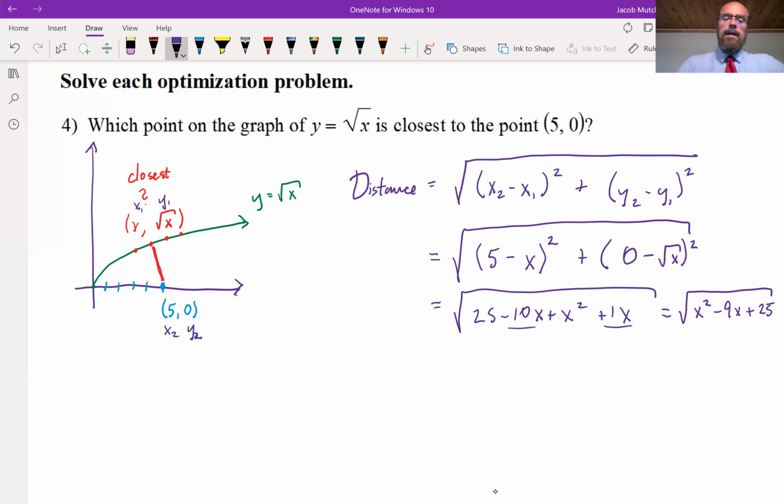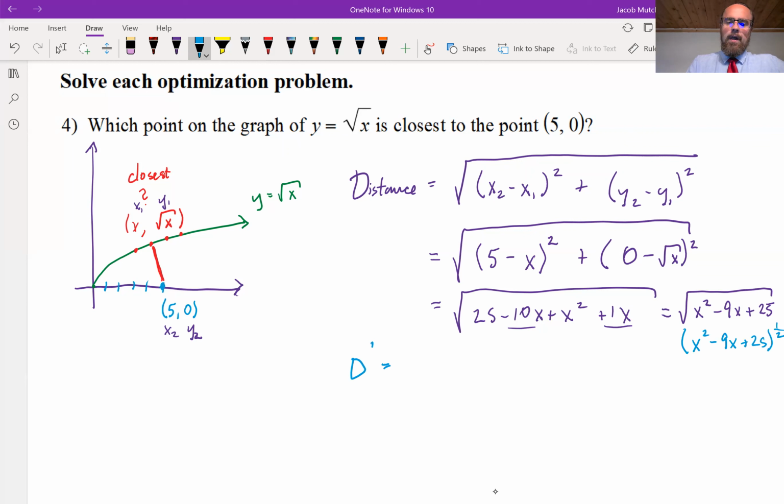So again, I need to find the derivative of the function and set equal to 0 and solve. So I'm going to find the derivative of this. What I'm going to call this is actually a rational power function. Instead of a square root, I'm going to call it x squared minus 9x plus 25 to the power of half.